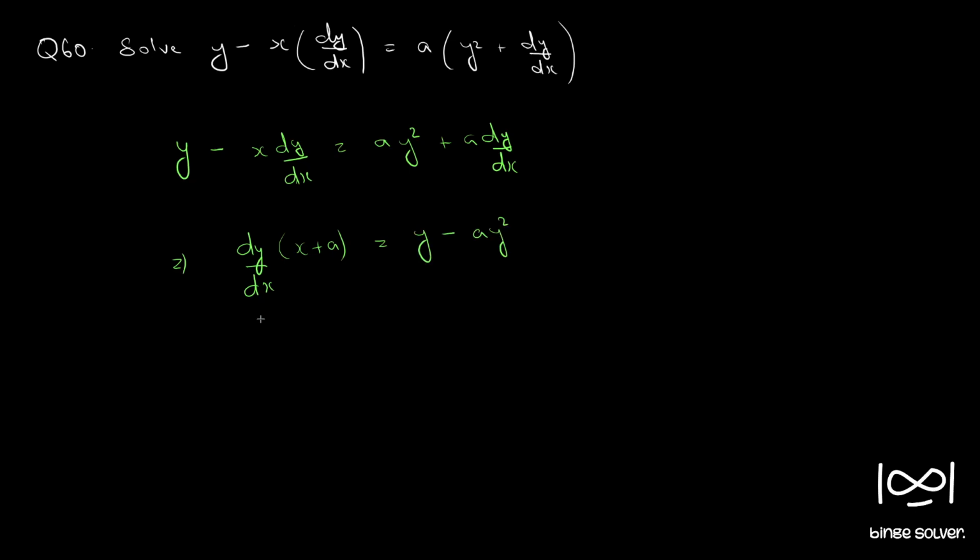So now we can see easily that this question can be solved by the method of separation of variables. All the y terms can be grouped together and x terms can be grouped. So it becomes 1 by y minus ay square, I will take y common, 1 minus ay.